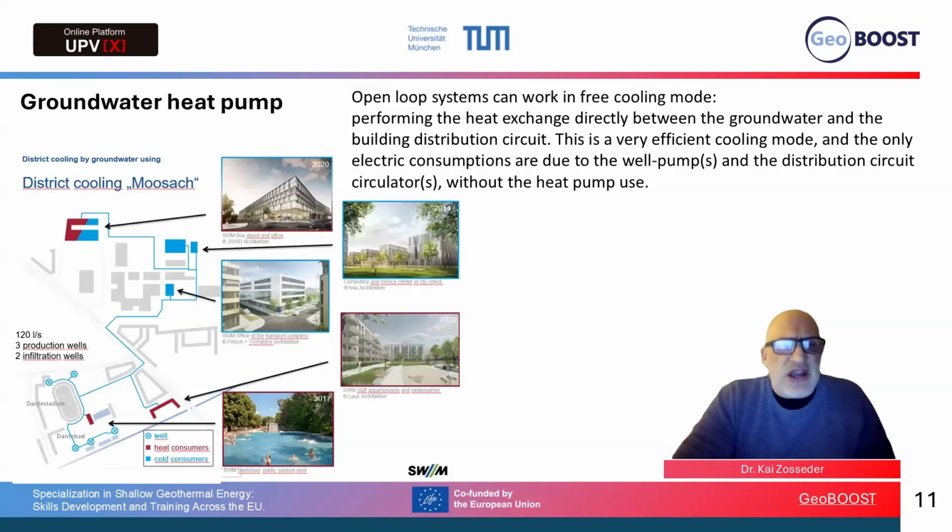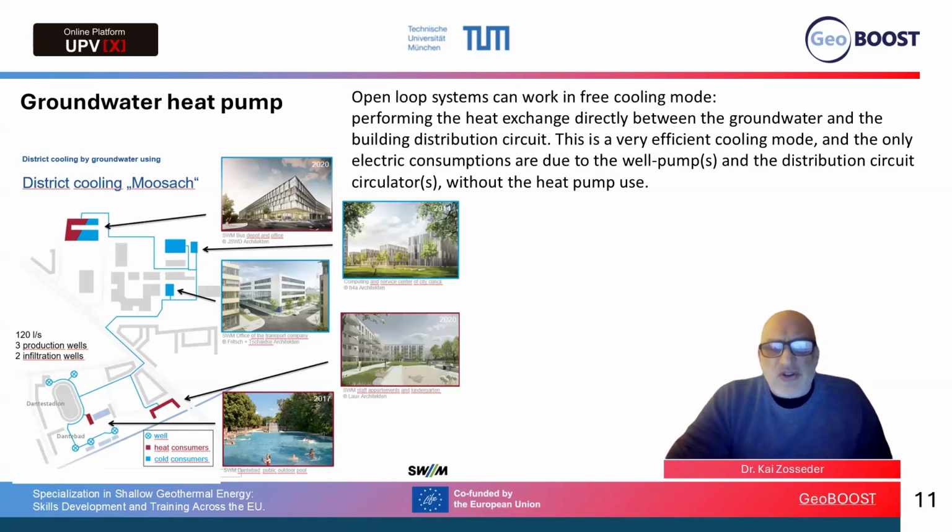This is a district cooling network, and a lot of wells are used here to cool down many buildings, data centers, and so on. This is very efficient. The groundwater is used directly, without a heat pump, which gives a very high efficiency.